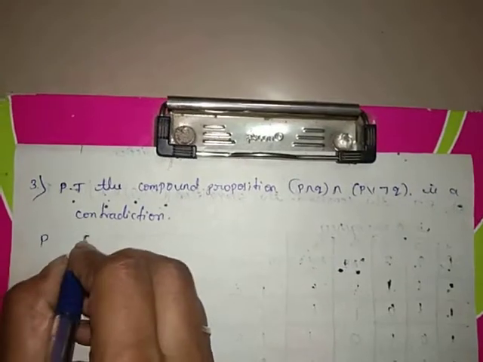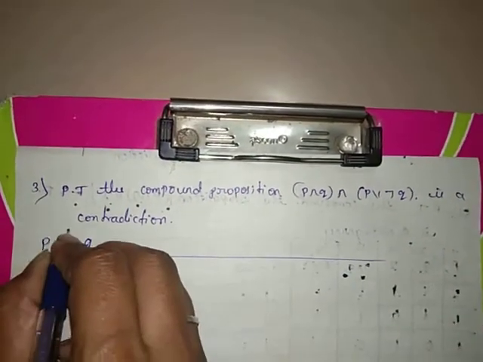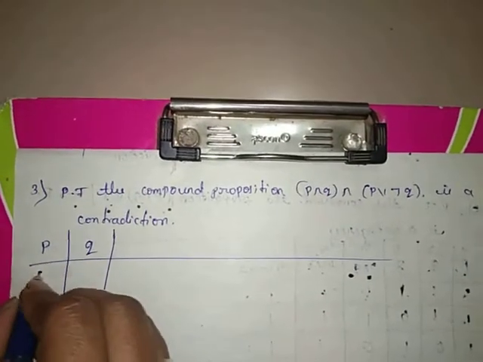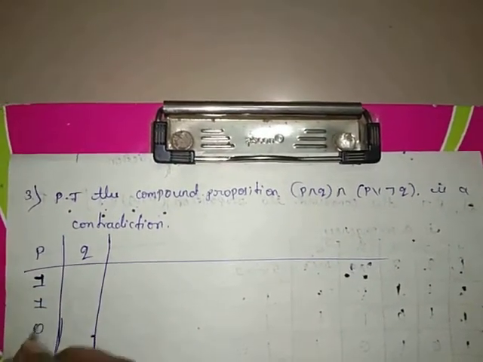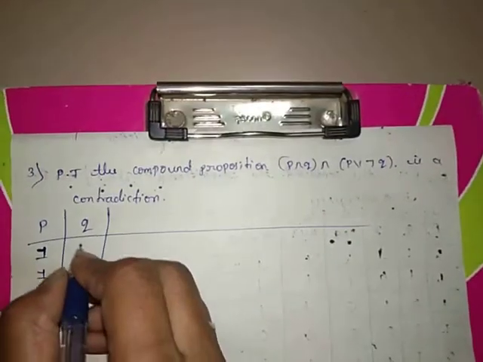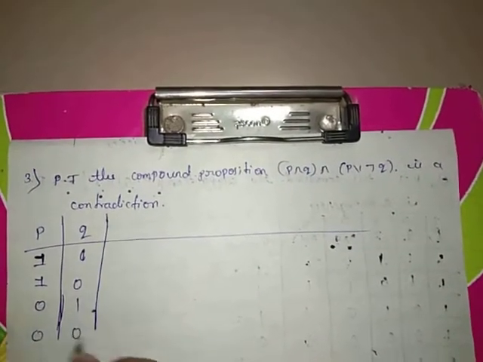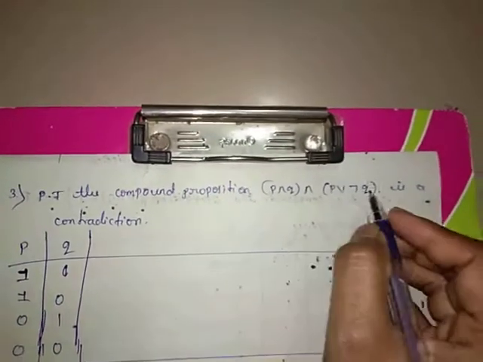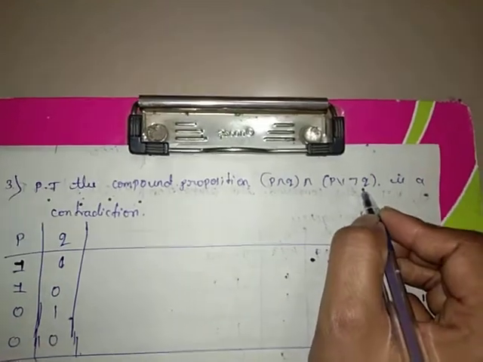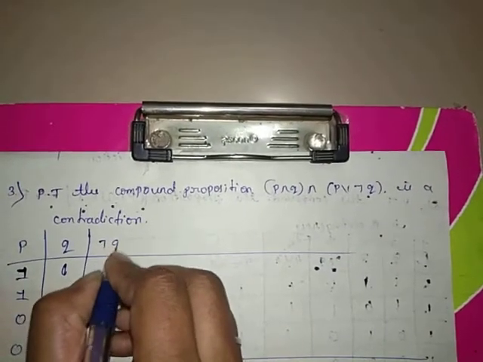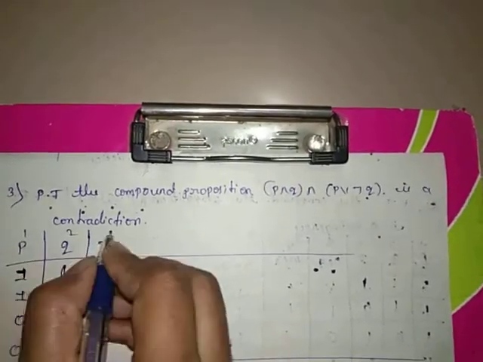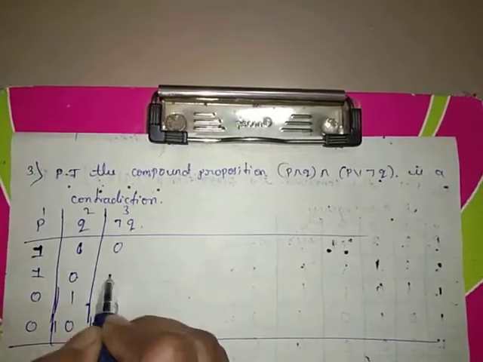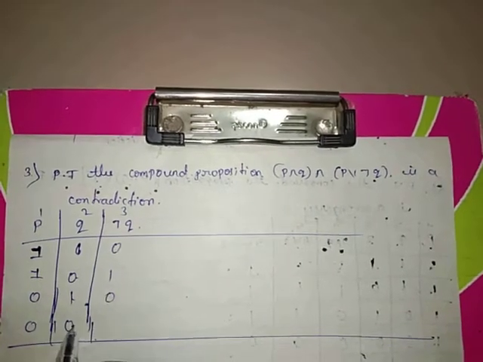When only the two propositions P and Q are given, write down all the possible values here: 1 1 0 0 and 1 0 1 0. We need the negation of Q, so I am taking the negation of Q.